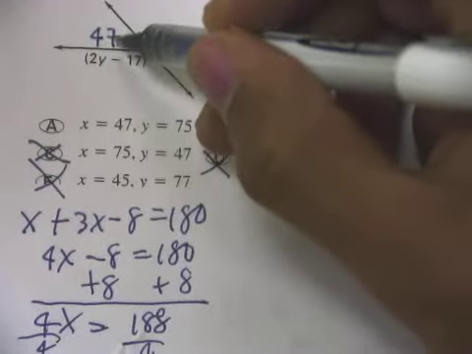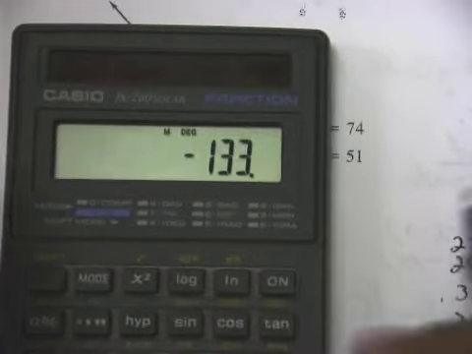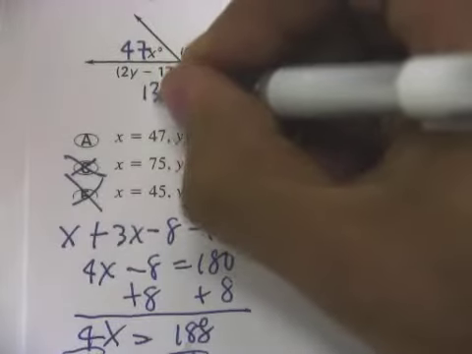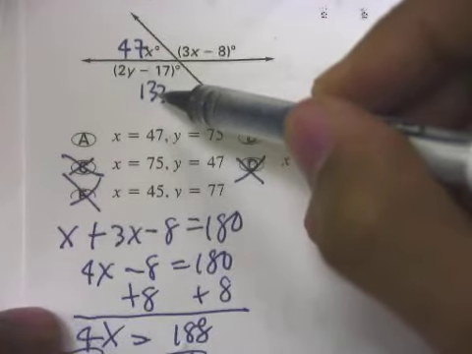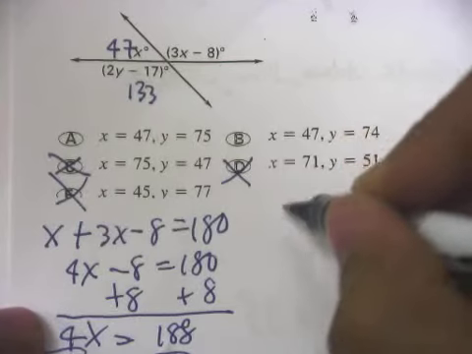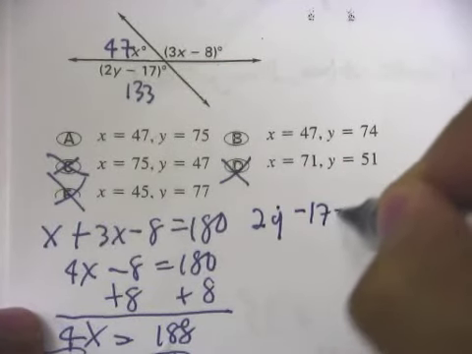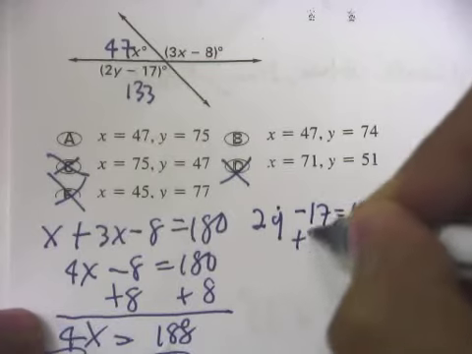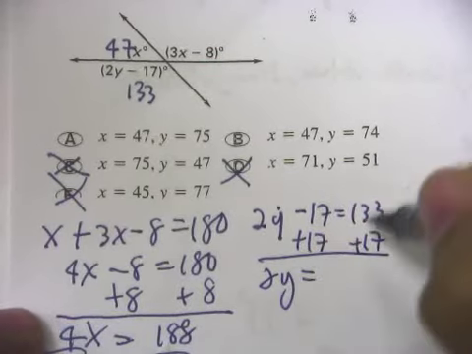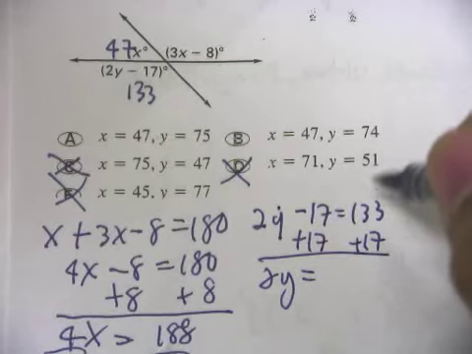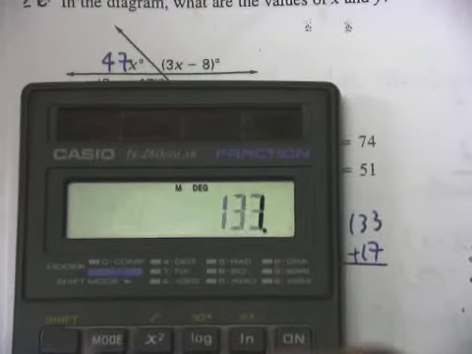So right away, I know x is going to be either A or B, because x is 47 and these are the only choices that have it. So it can't be C, E, or D. And since I know that x is 47, then I know that this angle here has to be 180 minus 47, which means that it's 133. So I can say that 2y minus 17 is equal to 133, just like we did in class.